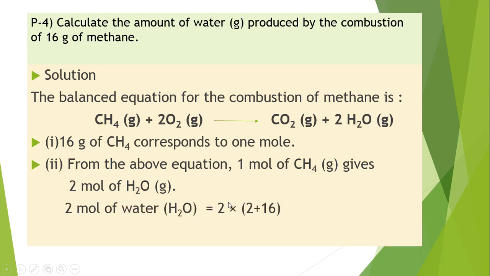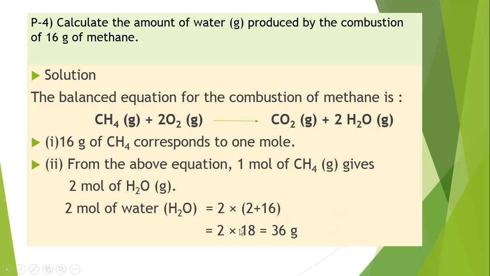So 2 mole of water will become 2 into the molecular mass of water: hydrogen's atomic mass is 1, so 2 into 1 plus 16. It becomes 2 into 18, which is equal to 36 gram. That means 2 moles of water is equivalent to 36 gram.